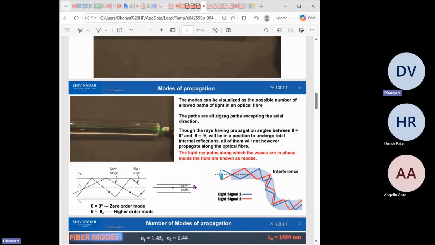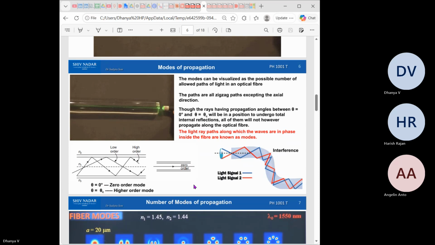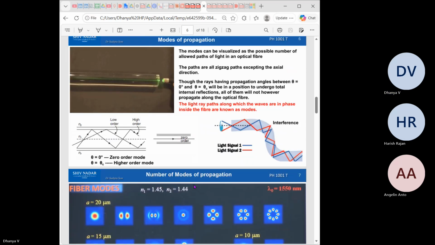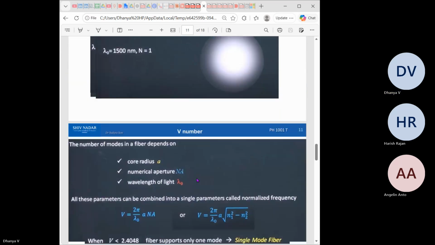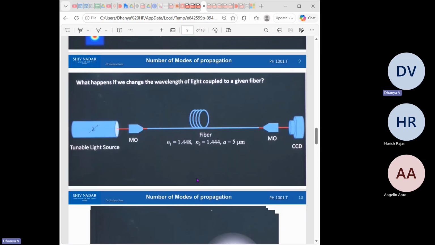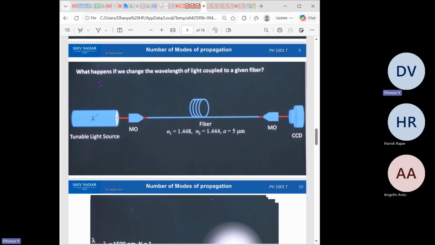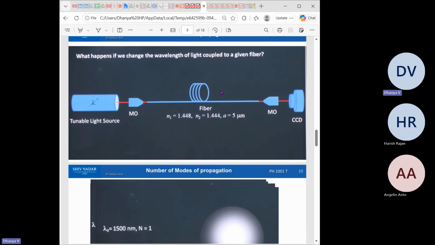Okay, modes of propagation. What happens if we change the wavelength of light coupled to a given fiber?